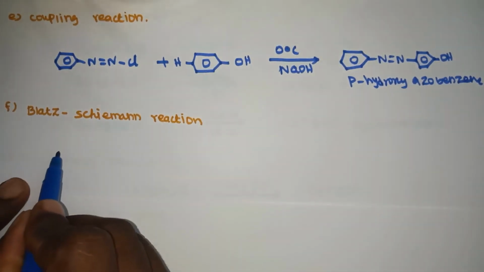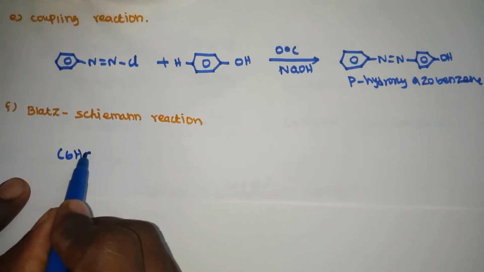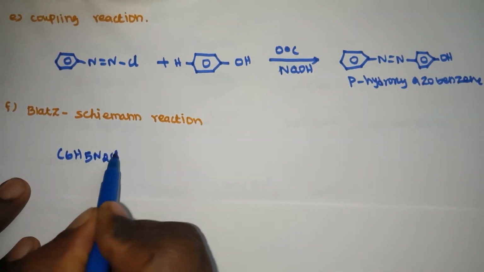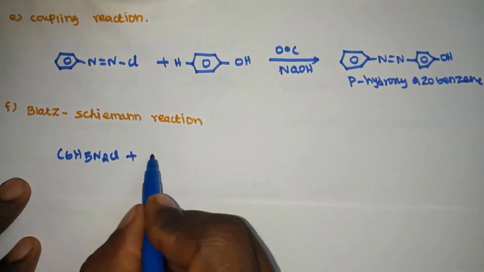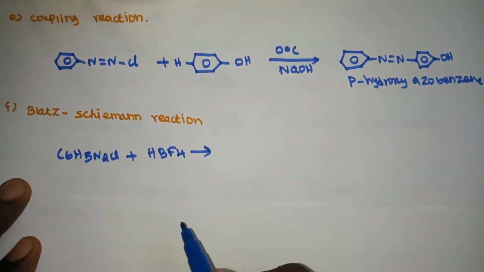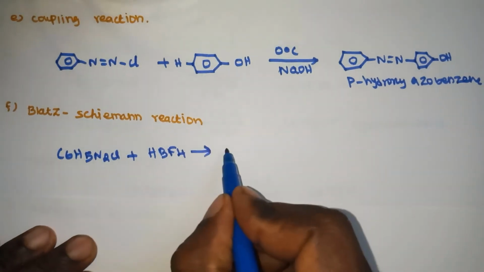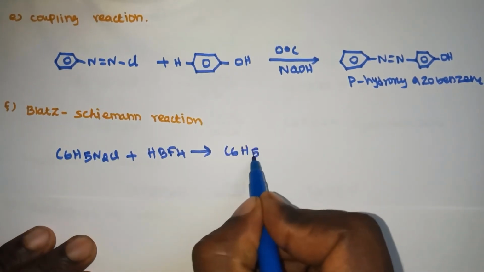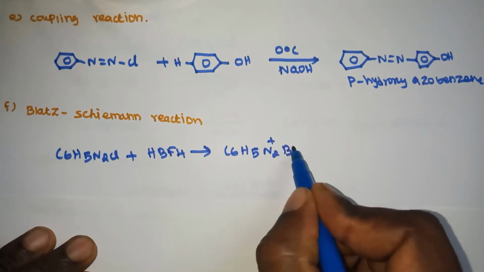This is benzene diazonium chloride, C6H5N2Cl, reacting with fluoroboric acid, HBF4, to form benzene diazonium tetrafluoroborate, C6H5N2 plus BF4 minus.